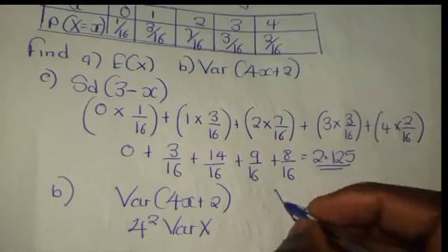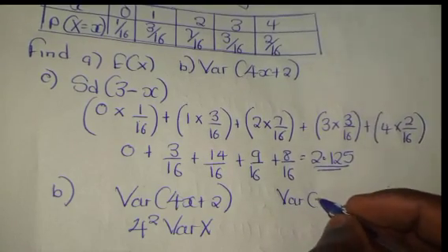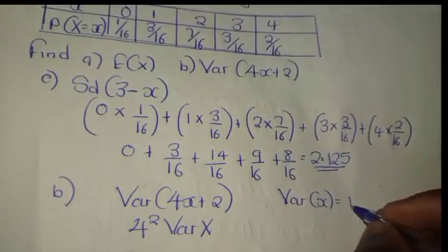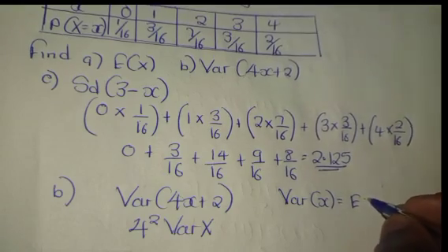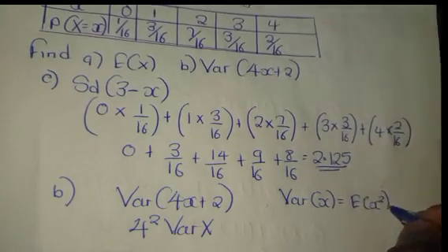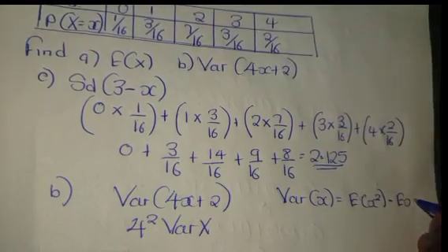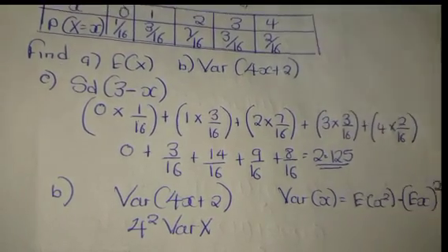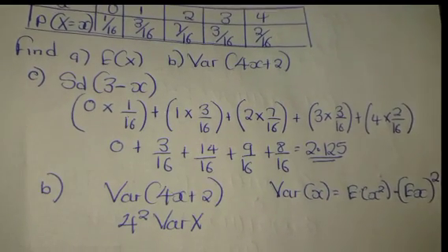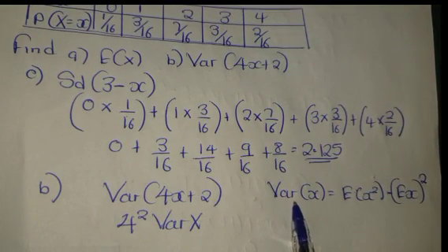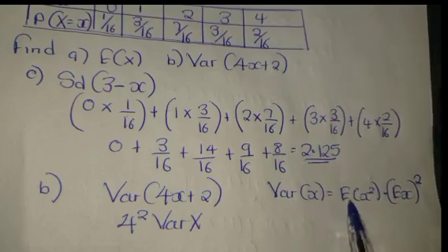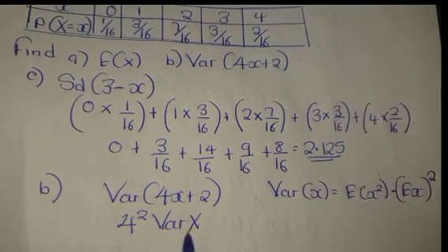And you know that the variance of x is given by the expected value of x squared minus the square of the expected value of x. So this is the formula we use when we are calculating the variance of x.